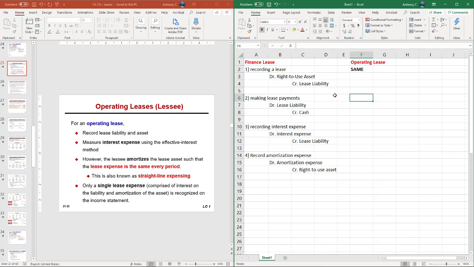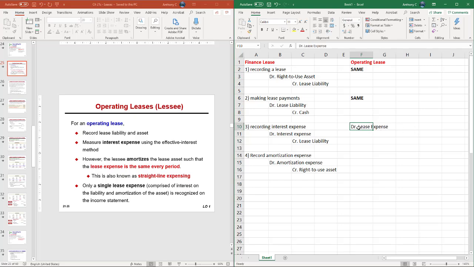Same thing when we make a lease payment, the accounting is going to be exactly the same because the transactions are similar. All right. Then, as I mentioned, the accounting for income statement accounts will be different. So how we record interest expense and amortization expense will be different. For an operating lease, we'll record both interest expense and amortization expense in one journal entry, in the lease expense account.